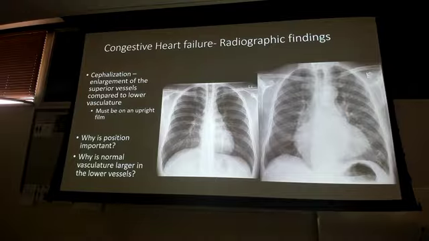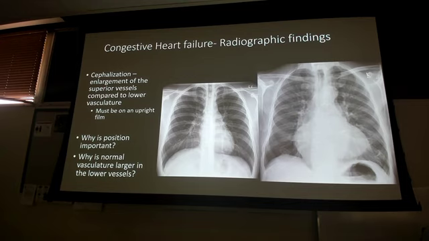Step 2 to confirm that is compare your vasculature and densities from the lower third to the upper third. If the upper third is not more radiolucent or darker or does not have less vasculature than the lower third, that is cephalization. Because it should get darker as it goes up because the body pushes blood up there. The vessels are smaller up there anyways because there's less lung tissue.